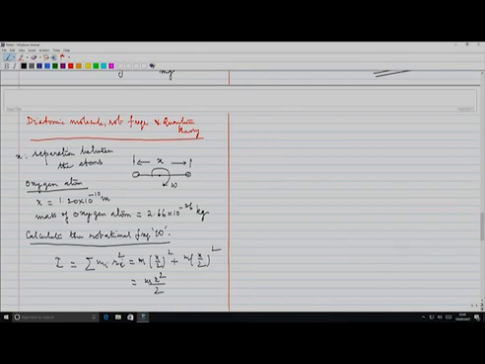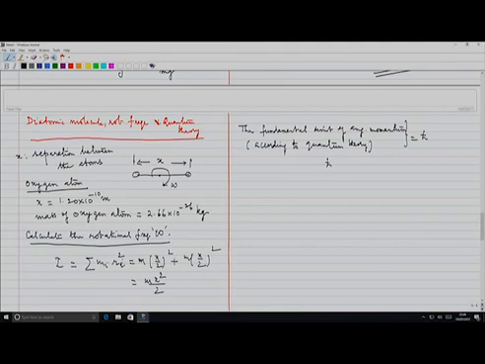Now, according to quantum theory, the fundamental unit of angular momentum is h cross.